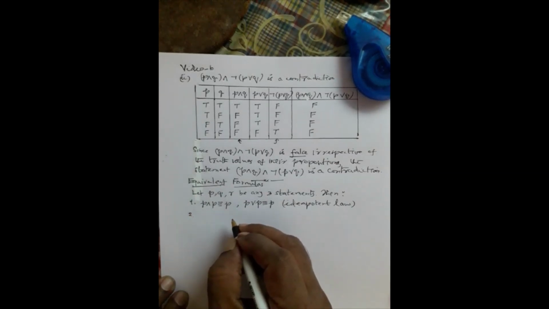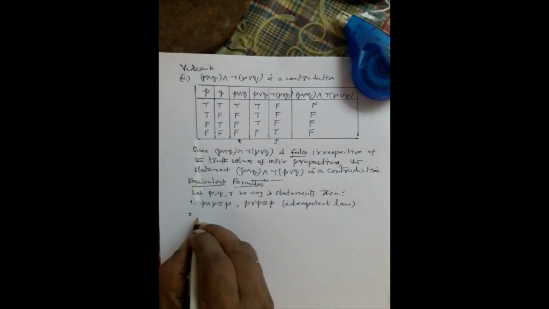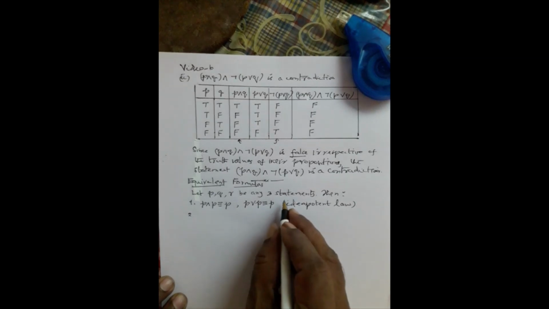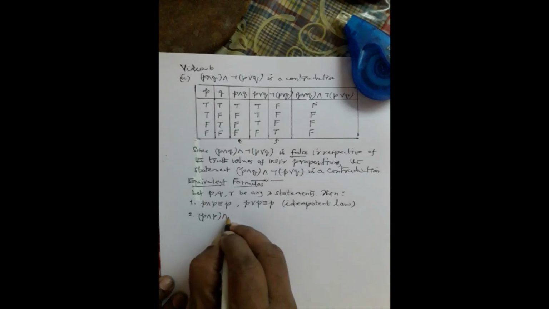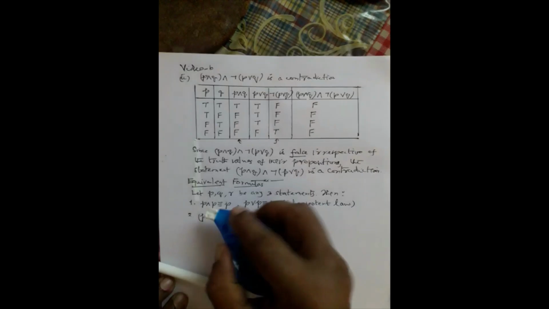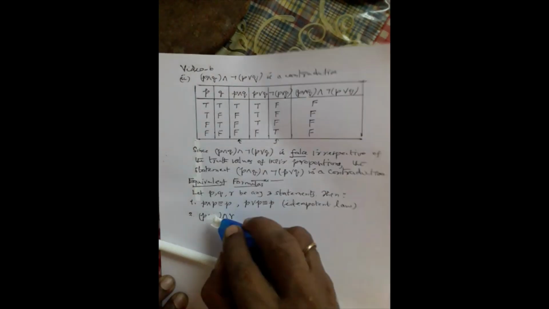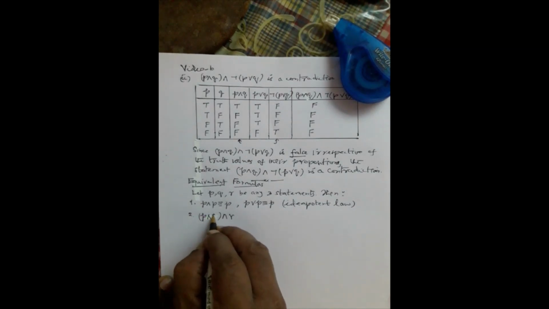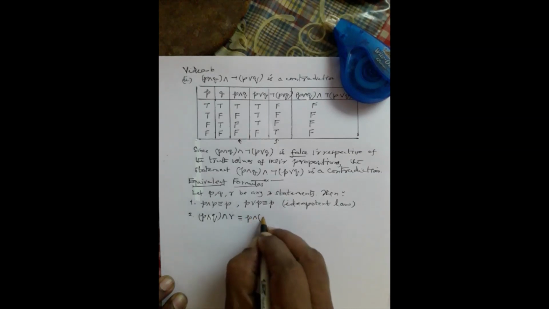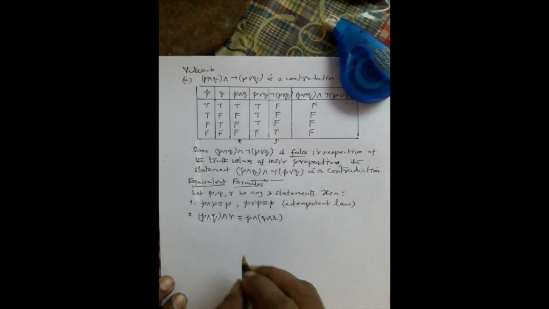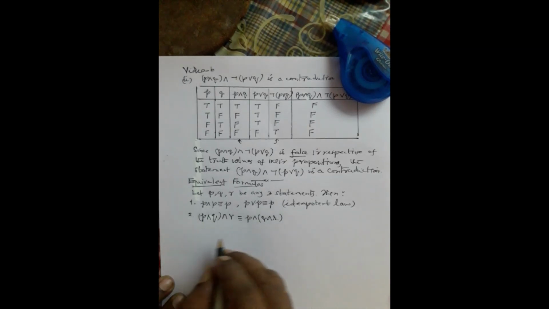Second one, associative law. For associative law we need three statements, P, Q, R. P and (Q and R) is logically equivalent to (P and Q) and R. The order P, Q, R is the same, only the bracket matters.